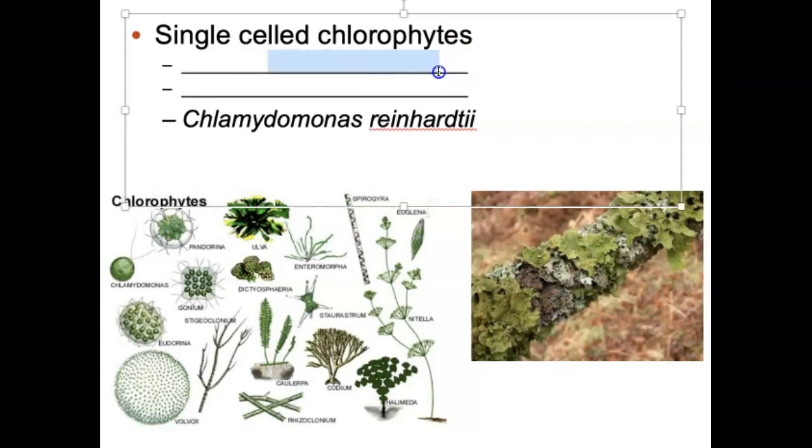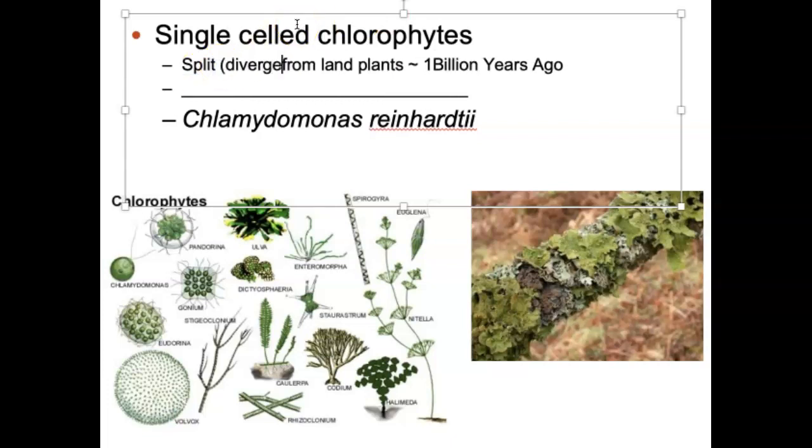They are going to be cousins to land plants. So they split, or technically the more appropriate term is diverged, from land plants about 1 billion years ago.